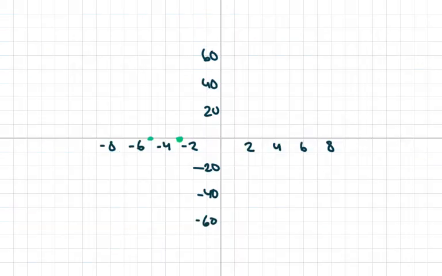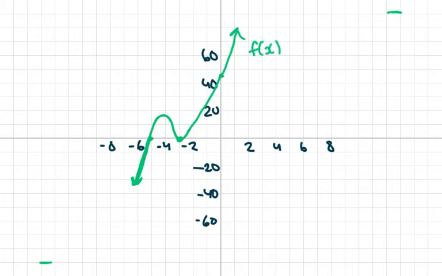So that means it starts down here in quadrant 3 and it goes up to quadrant 1. So it starts here, goes down to that negative 3, bounces off, and then it's going to go through 45. And this is f of x times g of x.